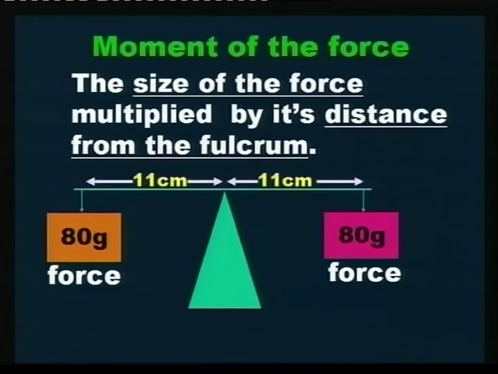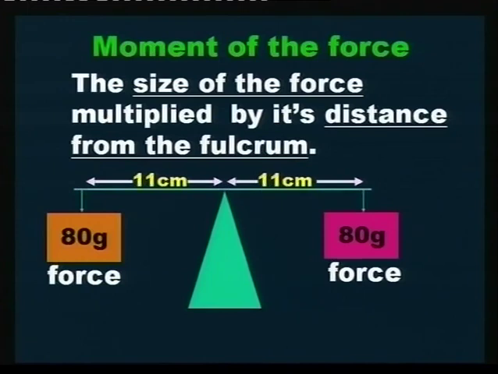Another term that we will be looking at is moment of the force. It says the size of the force multiplied by its distance from the fulcrum or the pivot is known as the moment of the force. The diagram clearly shows that.